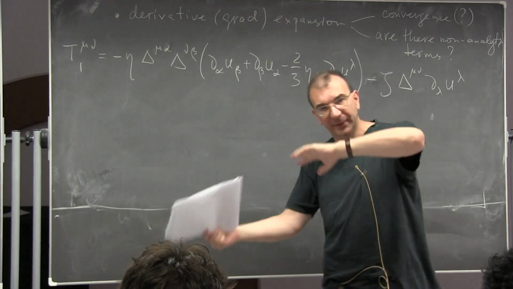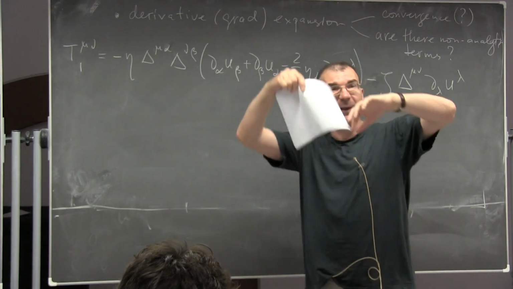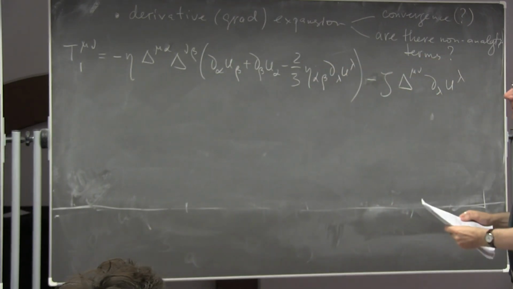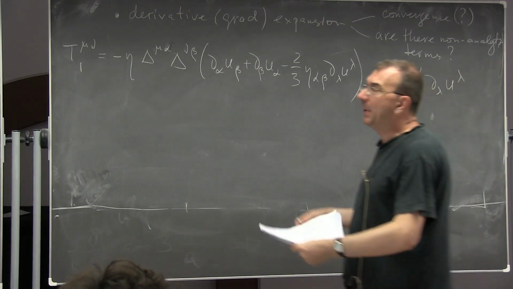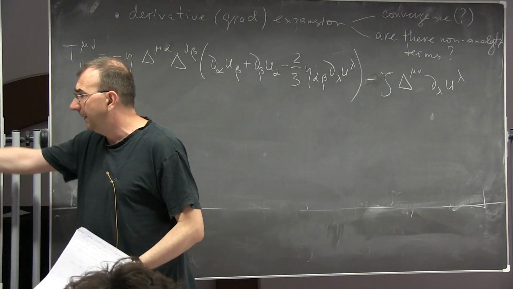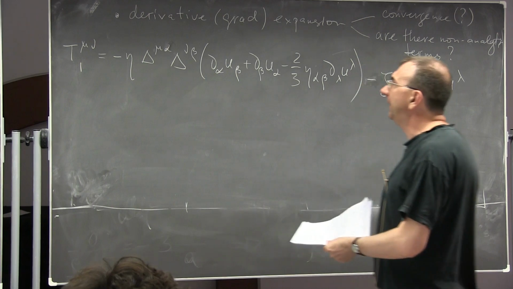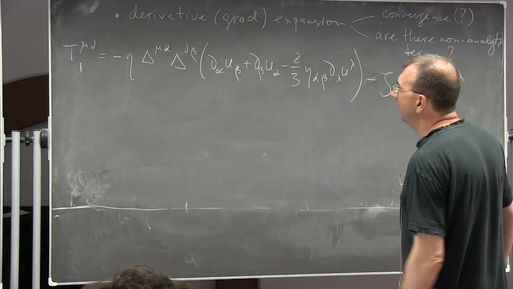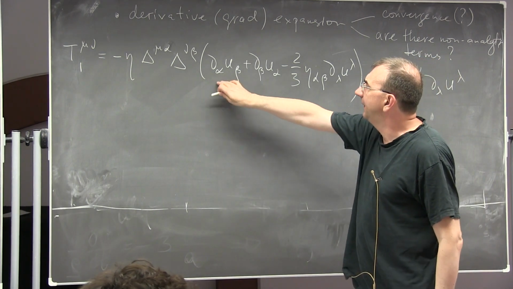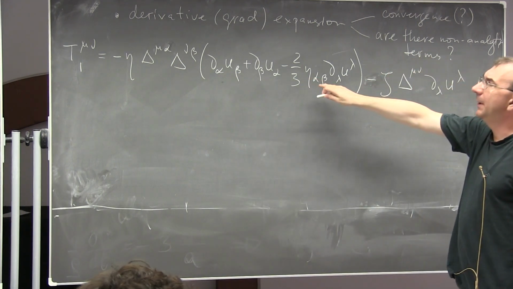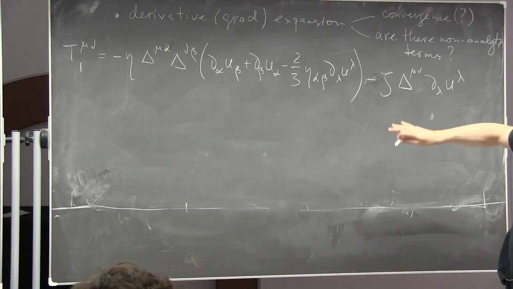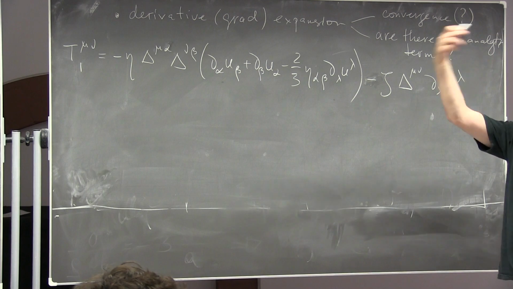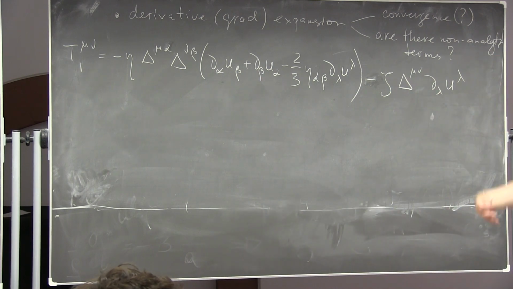It will not mix with other pieces, so it's an independent subspace, if you want, of your tensorial space. And the independent subspaces will involve the parallel piece, and then there is a transverse piece, and the transverse piece will have an expression of this type, and moreover, we want this piece to be traceless. So we subtracted a trace, and then there is a piece which takes care of the trace, which is a subspace of its own. Okay.